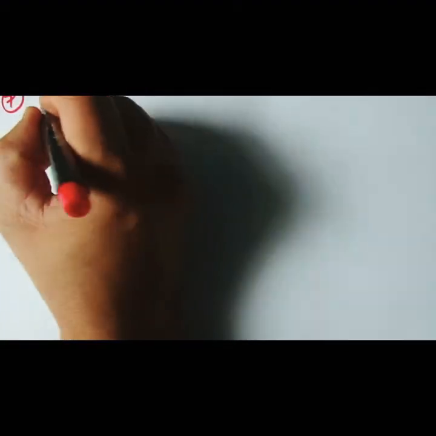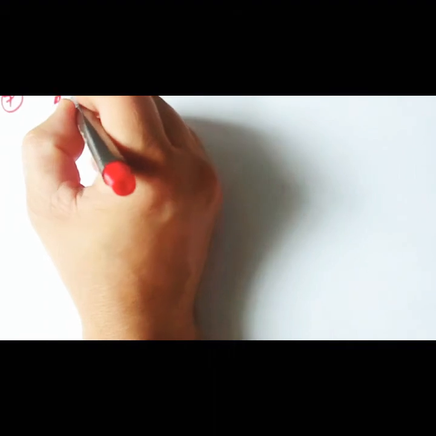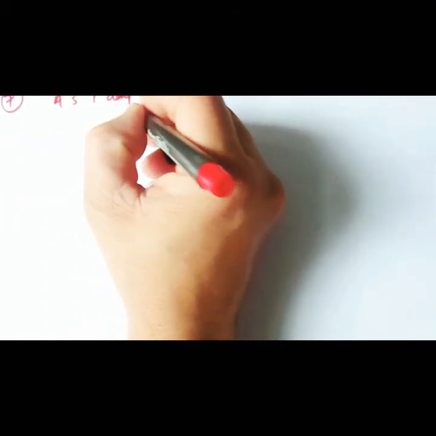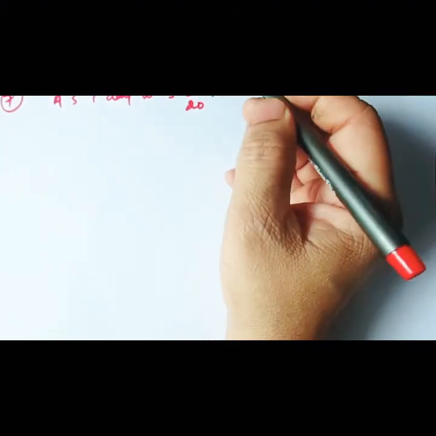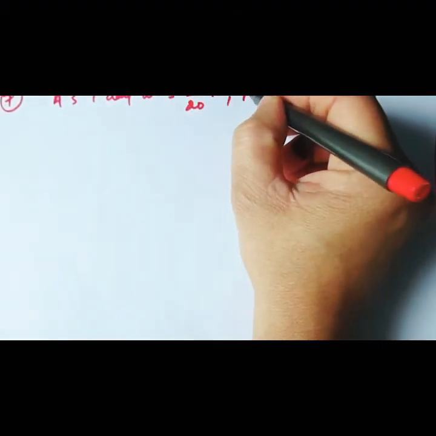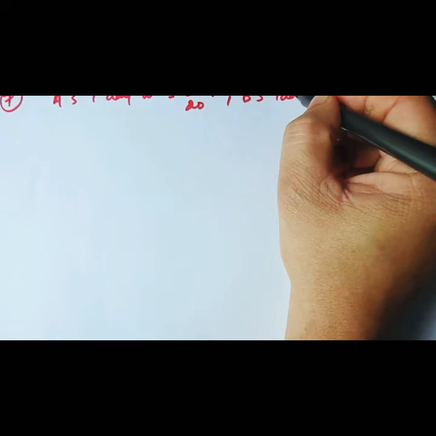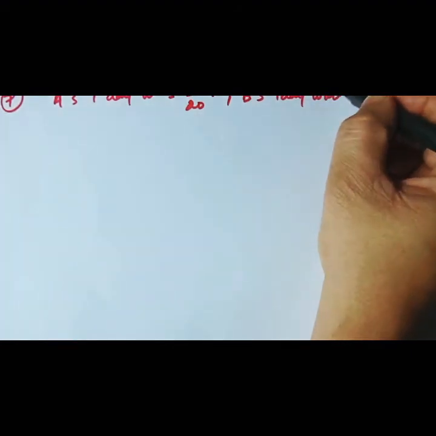Okay. A's 1 day work. They have given you A can do a piece of work in 20 days. So A's 1 day work is equal to how much? Yeah, 1 by 20. And B in 15 days. So find B's also. B's 1 day work, how much work will B do in 1 day? 1 by 15. They work together on it for 6 days.